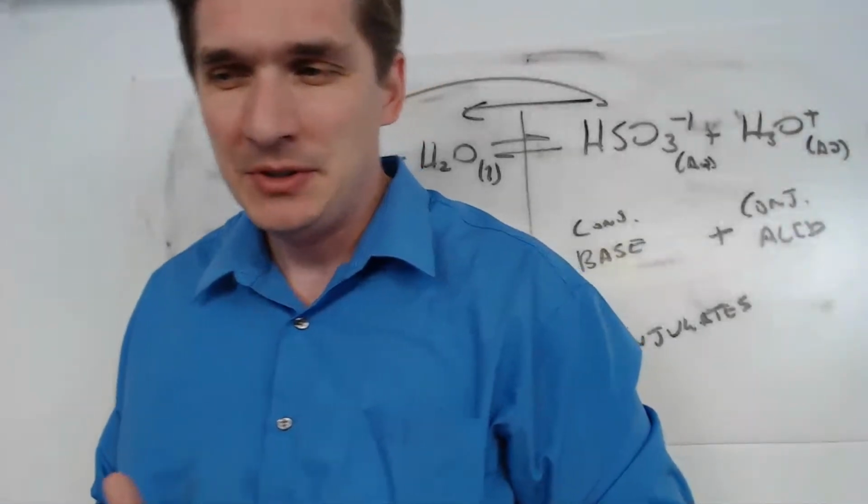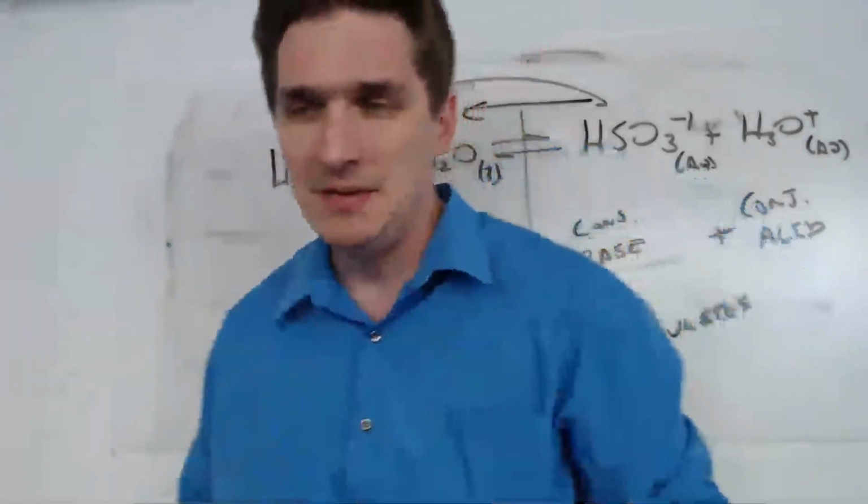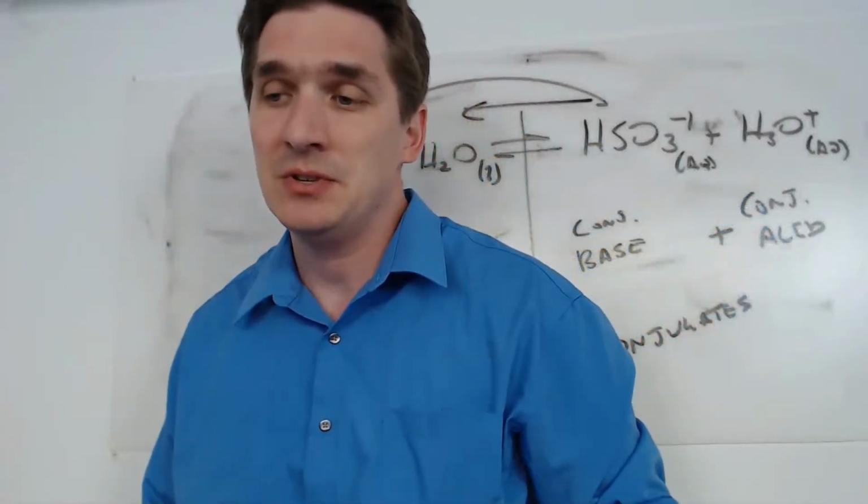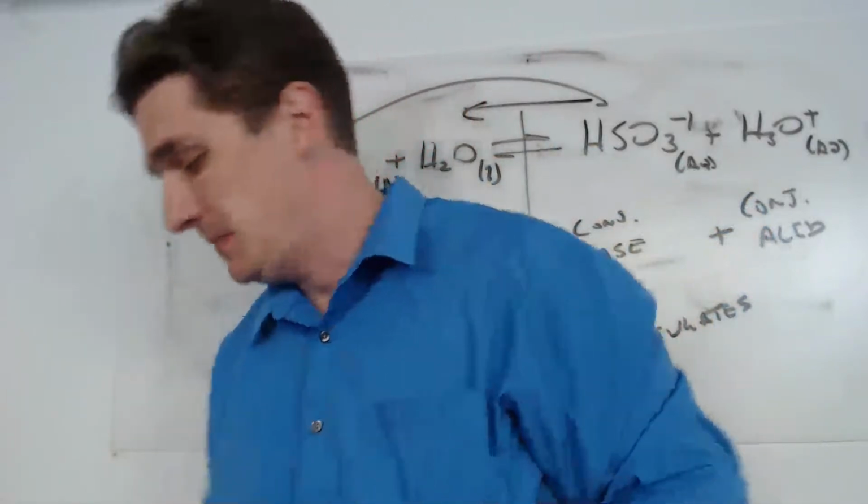Charges are less reliable in this case. You can kind of think of it that way because the hydrogen is an H+, but if you look at something like NH4+, actually, I'll write that out for you.